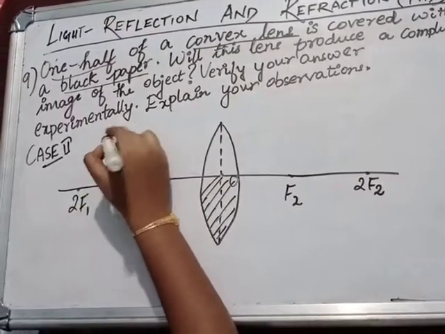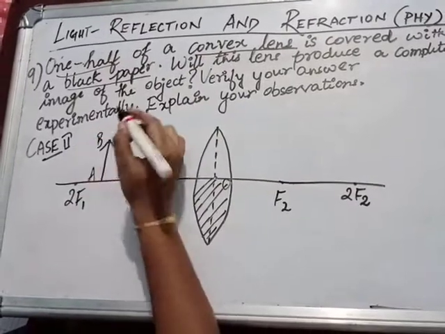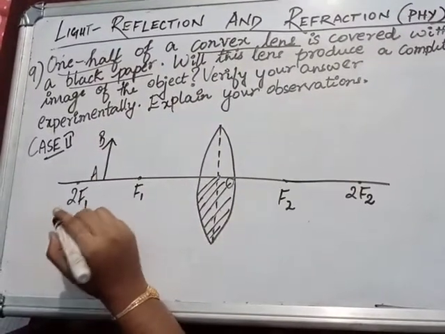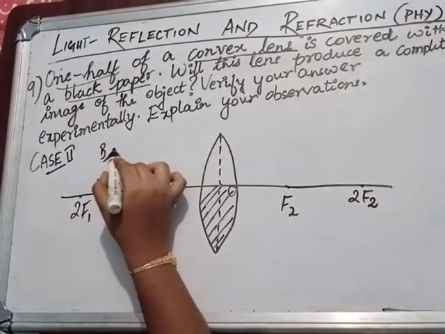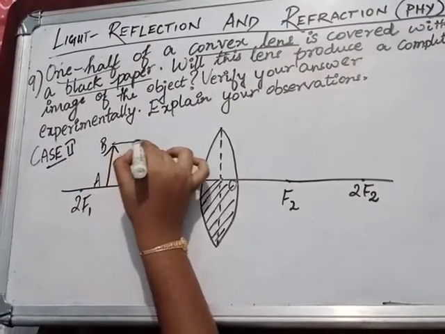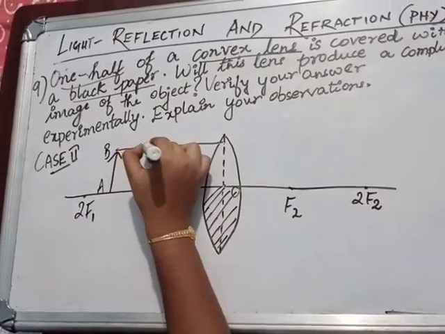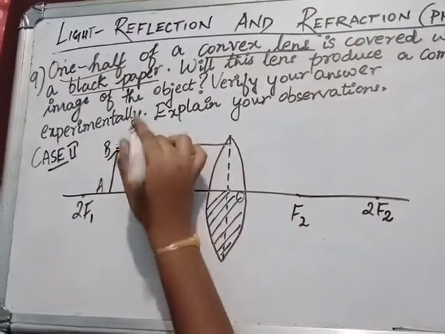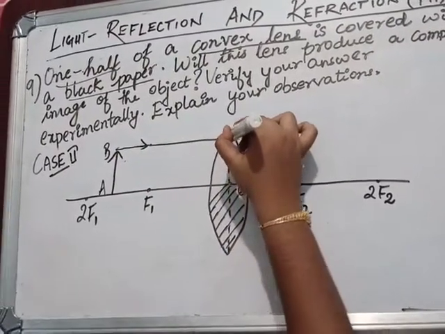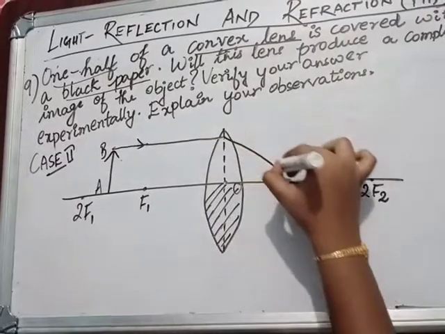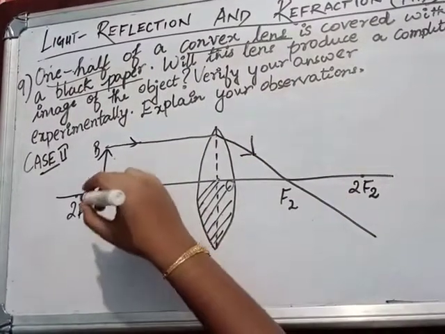Say this is A and this is B. Now, the refraction takes place like this. This is my first incident ray. Then after refraction, it passes through F2. This is a refracted ray.